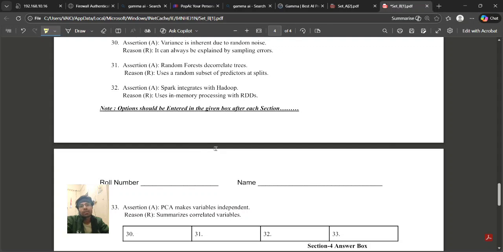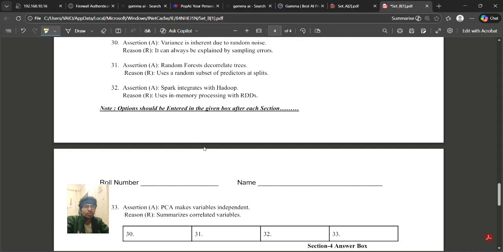Spark does integrate with Hadoop, it can read from HDFS and use YARN, and Spark does use in-memory processing with RDD. But does R explain A? Not directly. This is the in-memory processing feature of Spark, but it is not the reason Spark integrates with Hadoop. So the answer is B: both true, but R doesn't explain A.